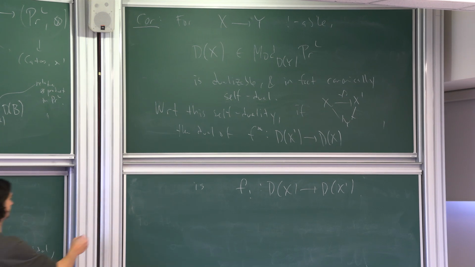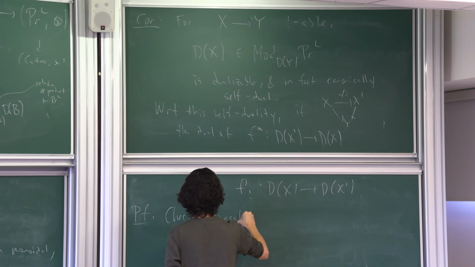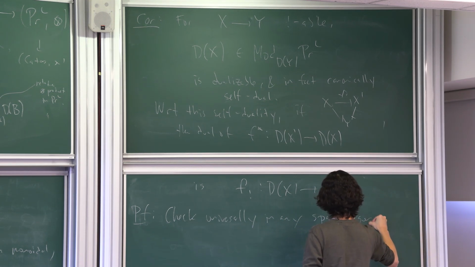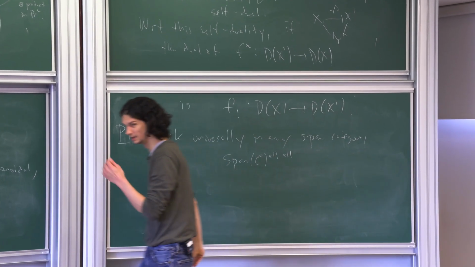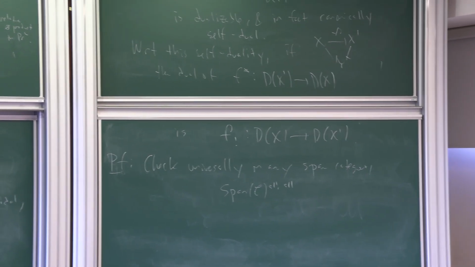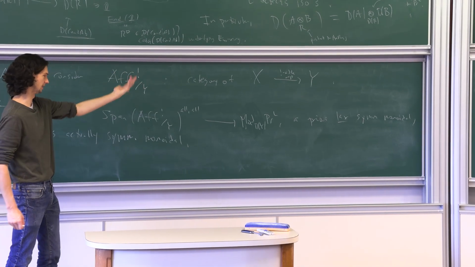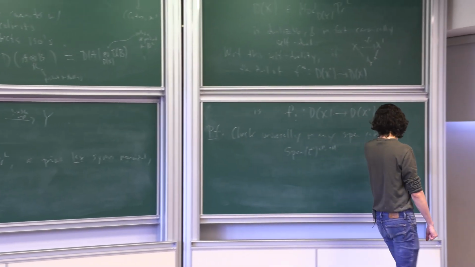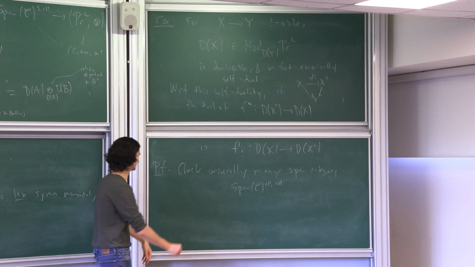So the proof is you can check universally in any span category, span C all. So we have a symmetric monoidal functor. So the image of a dualizable object will be dualizable, and if you exhibit a duality pairing and co-pairing here, you get one there, and so on. So for example, why is every object self-dual in this span category?